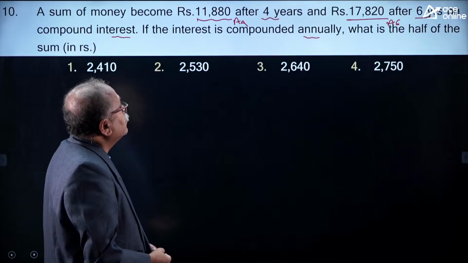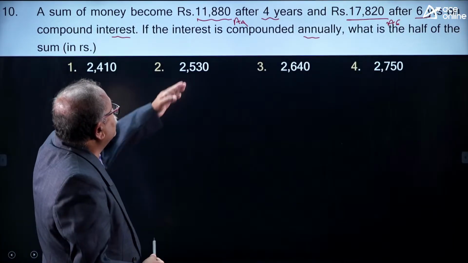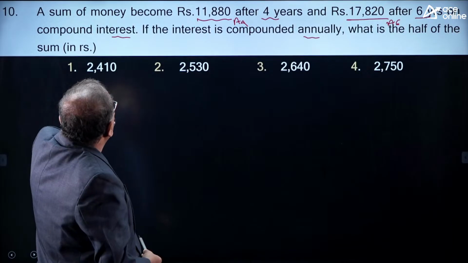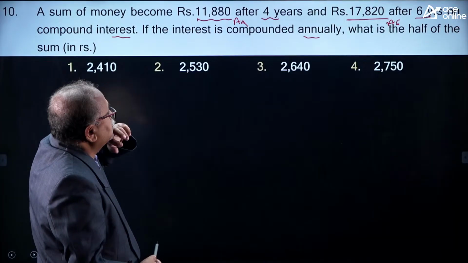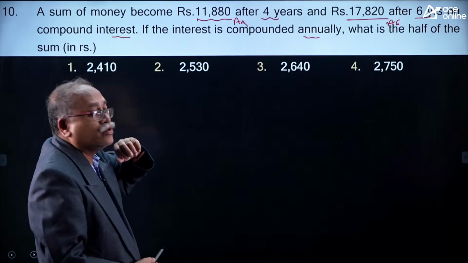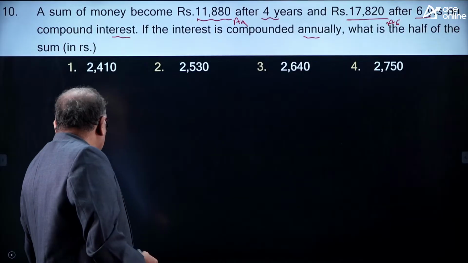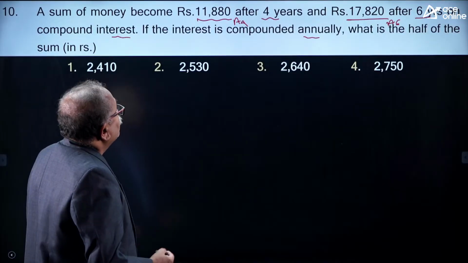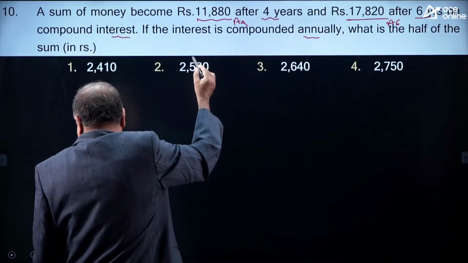Fine, my dear friend. So here you notice that that is 4 years and that is 6 years. So the gap is 2 years. So can I answer this question in this way?